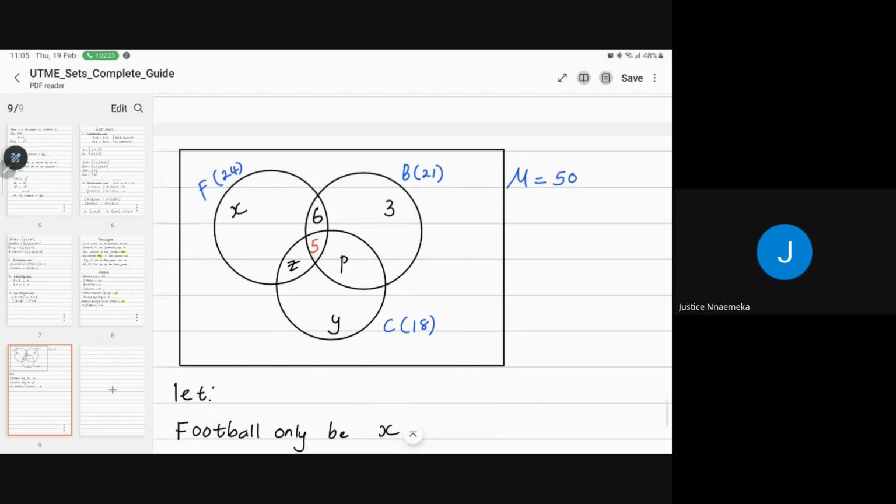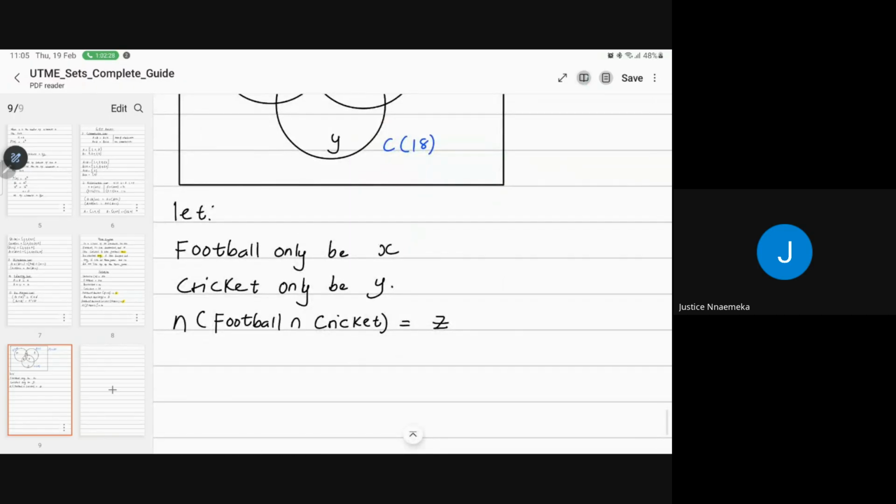Basketball and cricket. Sorry, am I correct? Yeah, basketball and cricket. We said let it be equal to what? P. So these are the key variables that we have. And with these key variables, we can proceed with solving our questions.